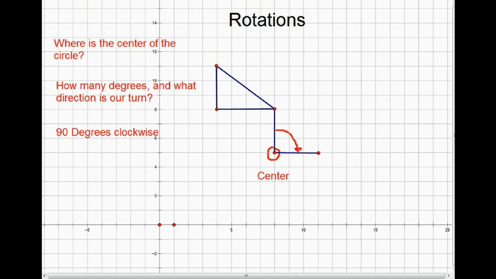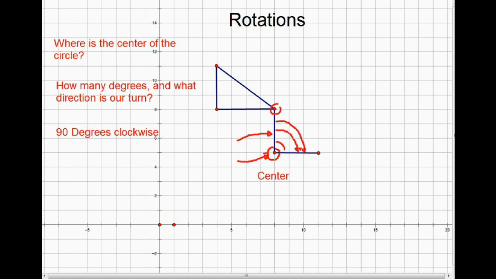So when you're doing a rotation, one way that can be helpful to think of it is, if you think of the center as the center of a propeller on a plane, and we draw lines from the center to each vertex only using 90 degree angles, and I'm going to explain a little bit more what that means in a second. So from the center here we can see that this is a 90 degree angle, and we turn the blade of that propeller 90 degrees clockwise in this case.